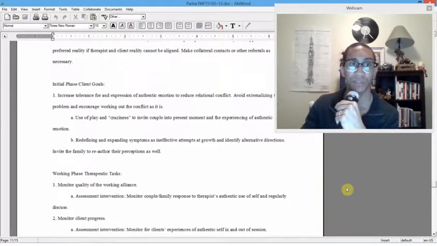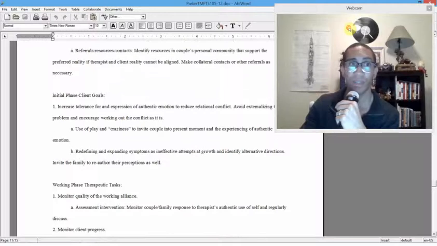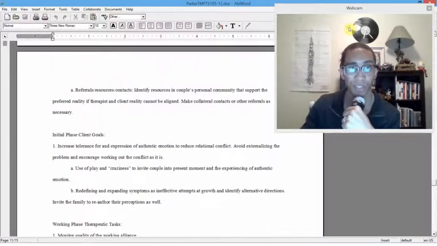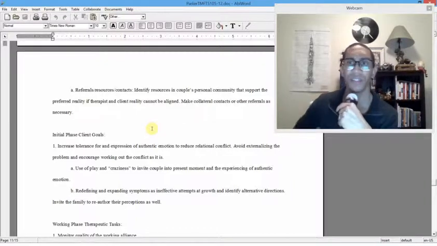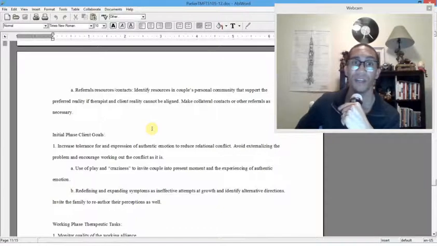Okay, so initial phase client goals. Increase tolerance for and expression of authentic emotion to reduce relational conflict. Yeah, so him and Jennifer don't really fight outwardly so much. It looks like Jennifer's very, very, very accommodating. So I wouldn't say that they had a lot of relational conflict.